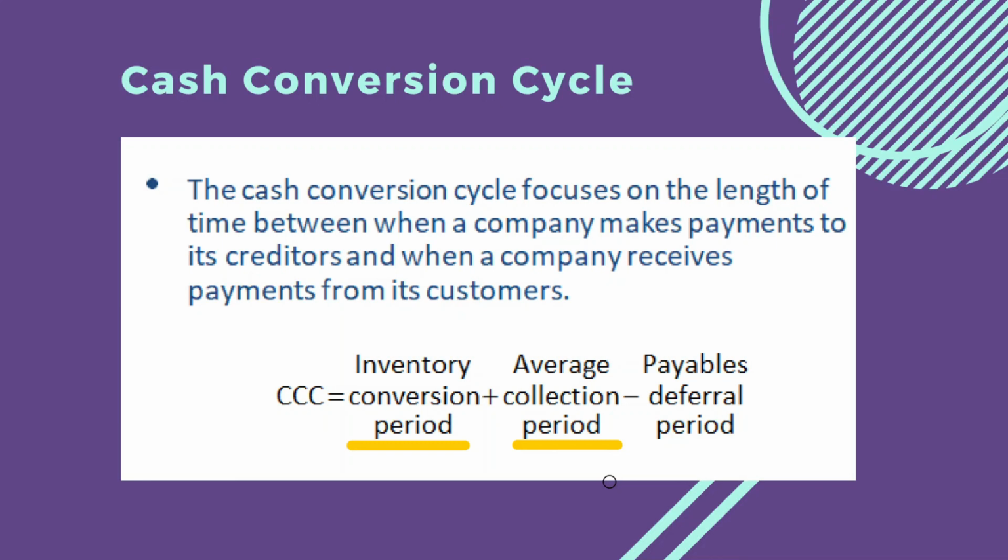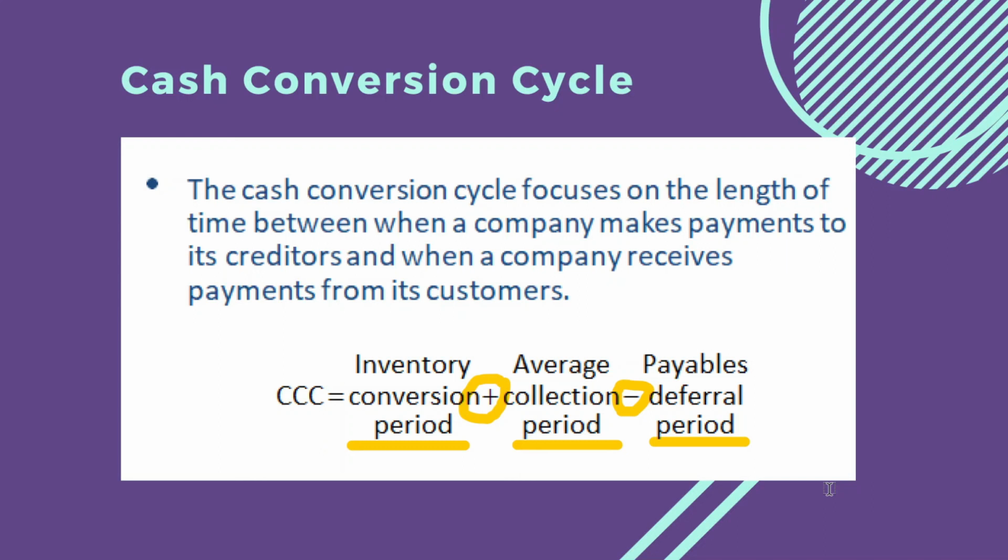How many days does it take the company to collect the money from the customers? We add these two terms together, then we see the whole period that it takes for the company to convert one single product into cash. Under the cash conversion cycle, we will subtract the number of days that the company takes to pay the suppliers. So the third component represents accounts payable.